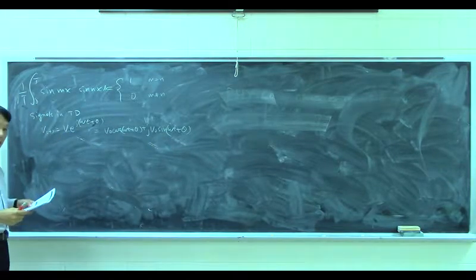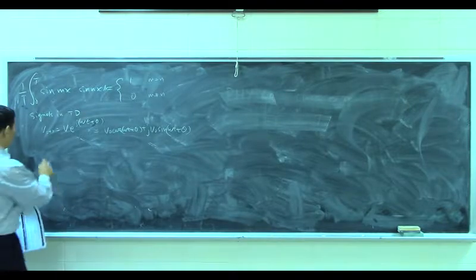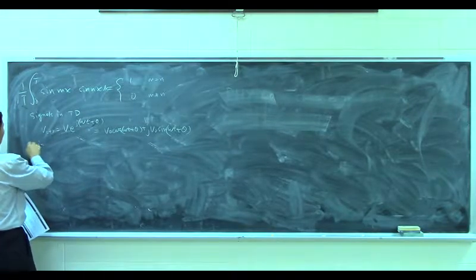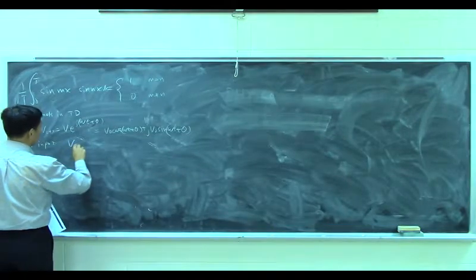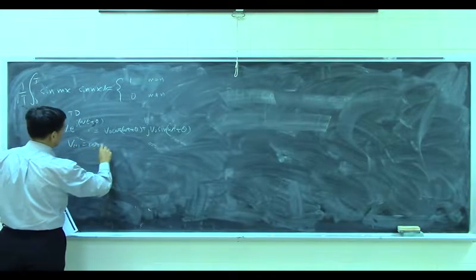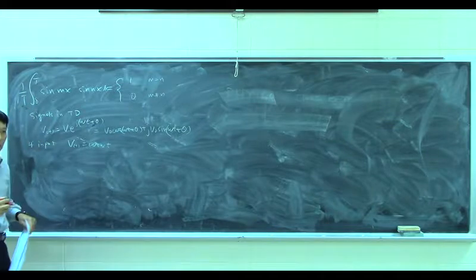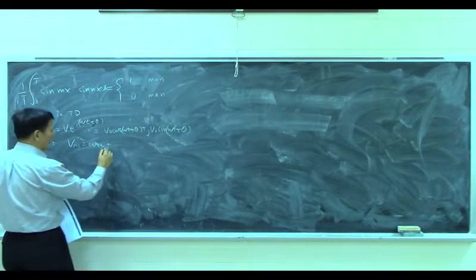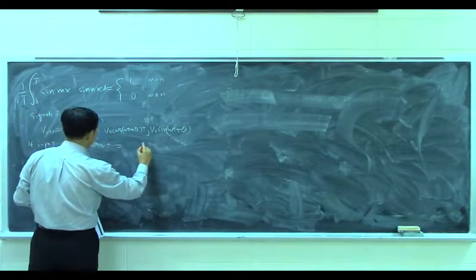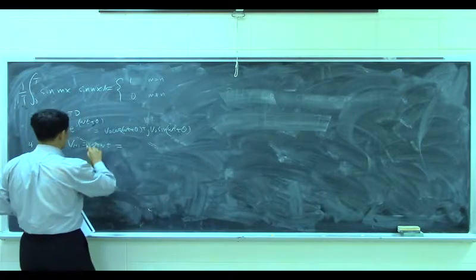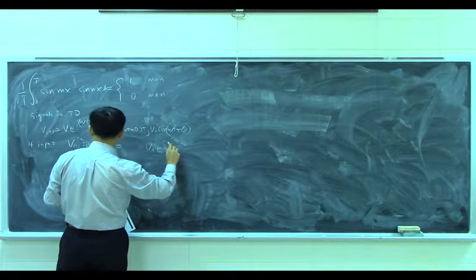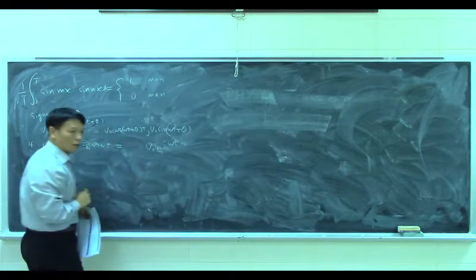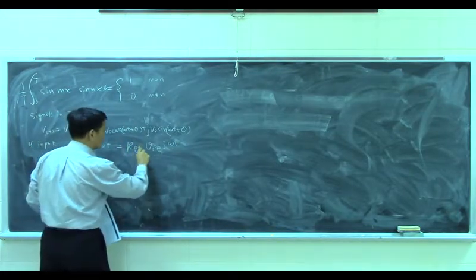If you are given, for example, the input v(t) equals cosine omega t, then what we can do is assume the input is exponential like this, but we are going to take the real part.